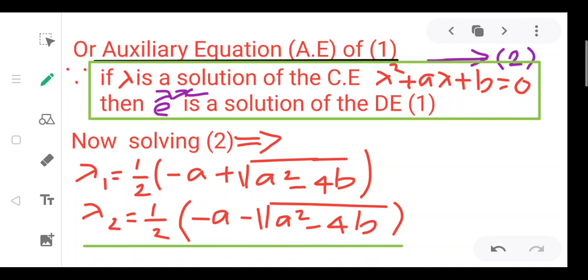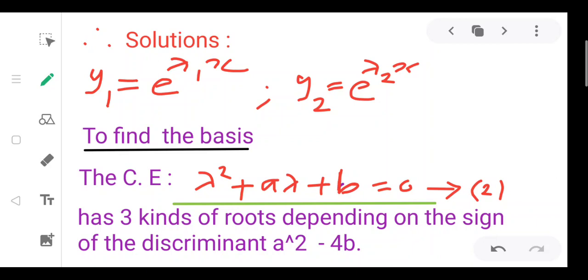Since if lambda is a solution of the characteristic equation lambda square plus a lambda plus b equal to 0, then e raised to lambda x is a solution of the given differential equation. Now, solving this auxiliary equation, we will get two roots, say lambda 1 and lambda 2, and corresponding solutions are y1 is equal to e raised to lambda 1 x and y2 is equal to e raised to lambda 2 x.